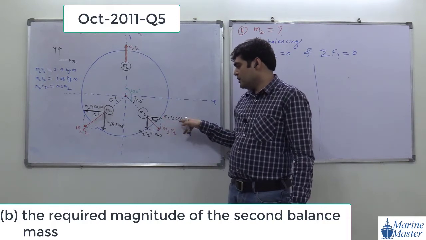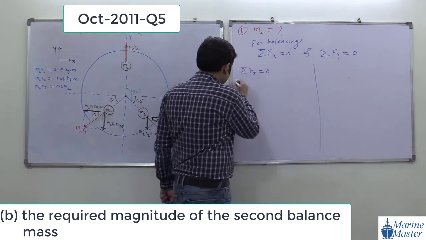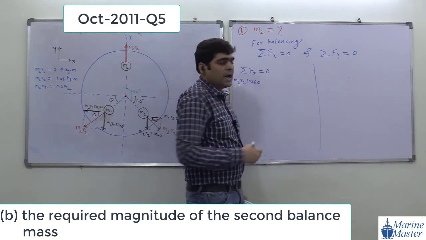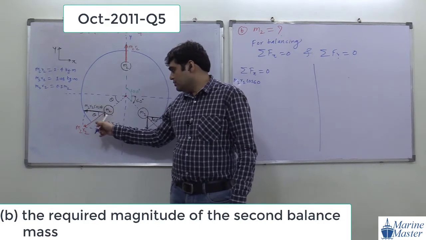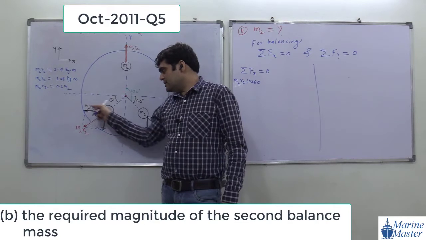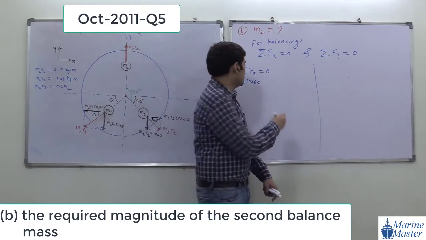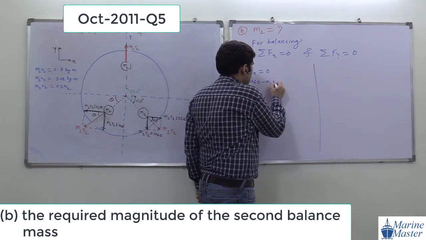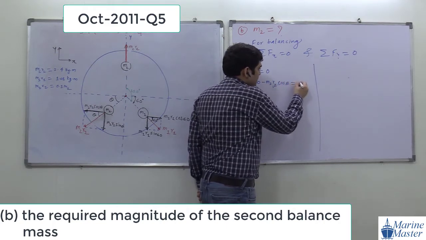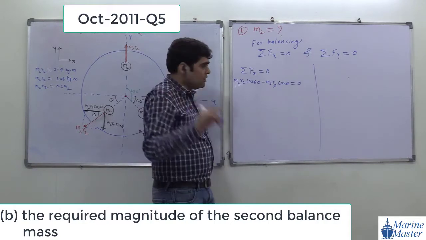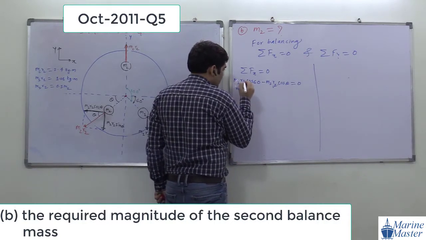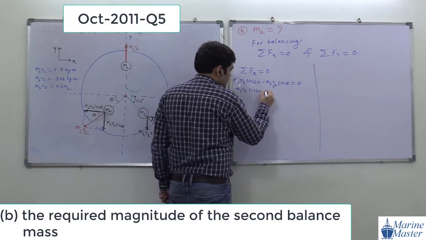This component is M1 R1 cos 60, and M2 R2 we replace by its 2 components; this component in x direction is minus M2 R2 cos theta, and that will be equal to 0.